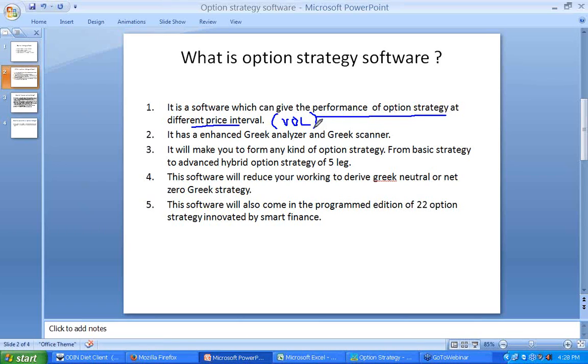This volatility concept tells you, within a specific time period, how much price fluctuation you may encounter in a particular counter. This software also has an enhanced Greek analyzer and Greek scanner. So these two features are also embedded in this software.